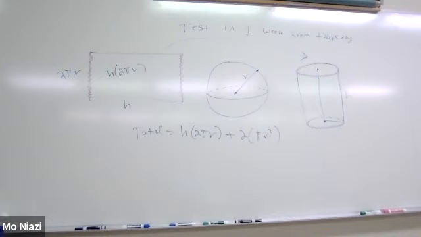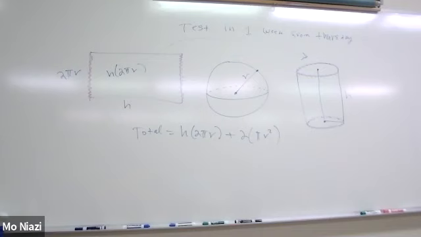You can algebraically solve for R now. That gives you 4 pi r squared and pi r squared. So you add them together to get 5 pi r squared, right? 4 pi r squared plus pi r squared is definitely 5 pi r squared.